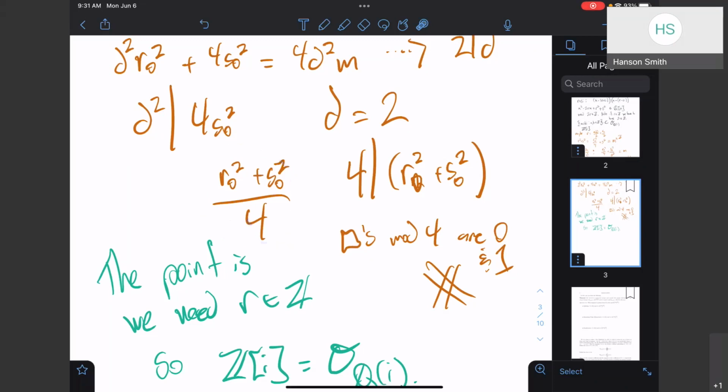We need this to be an integer. And so in order for this to be an integer, I need 4 to divide the numerator. And by looking at the numerator mod 4 and using the fact that r naught and s naught are both odd, we find out the numerator is 2 mod 4. And 2 is not 0 mod 4.